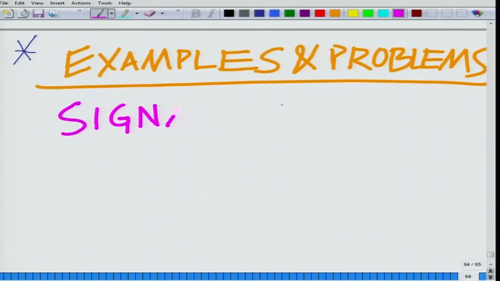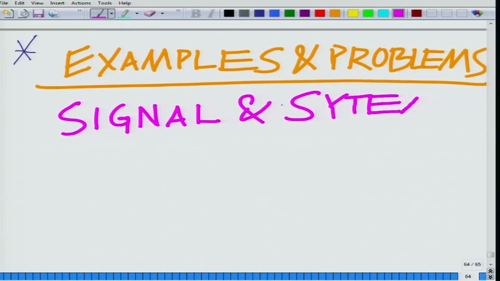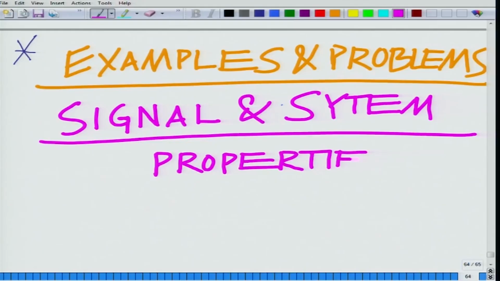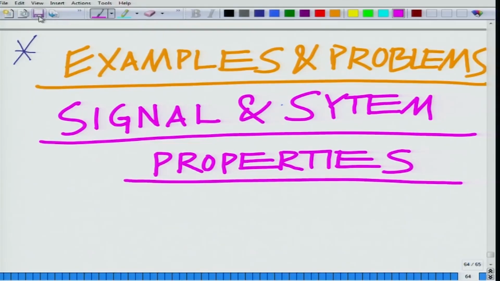Okay. Or let us put it as signal and system properties, based on the concepts that we have studied so far.